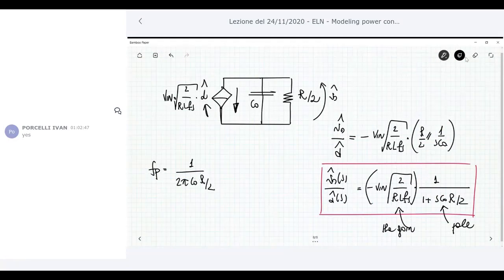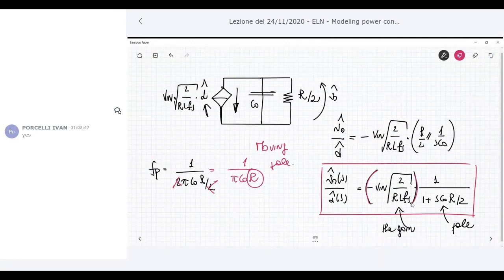So this is 1 over pi C naught R. This pole is moving. It's moving because it depends on the R, and R is not fixed at all. Okay, R can change during the operation. So this is a pole which is a moving pole. The gain is given by this expression here. Okay, it is a constant value.